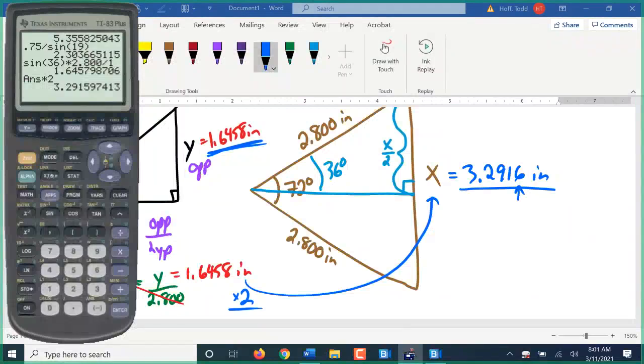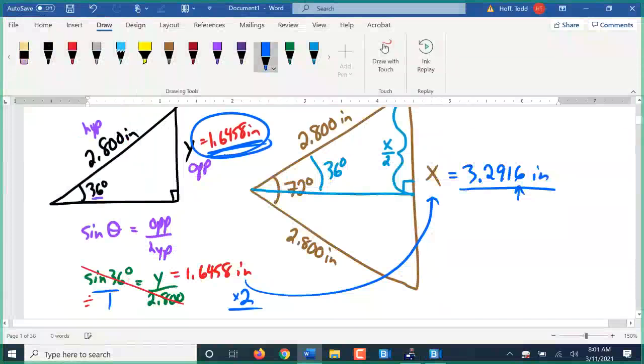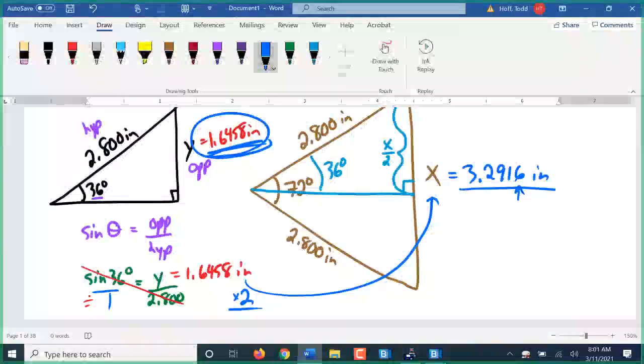So my point here, I'm babbling a little bit, is that it's very important to leave this number in the calculator, because we know we're going to have to multiply it by 2. If you write it down and type it back in to multiply it by 2, that round-off error can cause this to be off by a ten-thousandth.